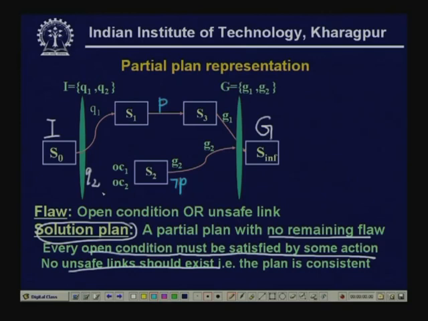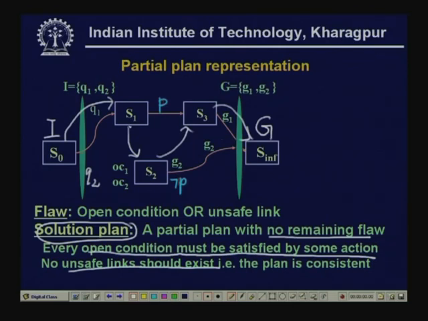Secondly, flaw number 2 is, you see, S1 precedes S3, S3 precedes the goal and S2 precedes the goal, but we have not said anything in this partial plan about the relative ordering of S1, S2 and S3. Now, if I put S2 between S1 and S3, so in a linearization, if we have S0 to S1, S1 to S2, S2 to S3 and then S3 to done, can you tell me what is the problem?